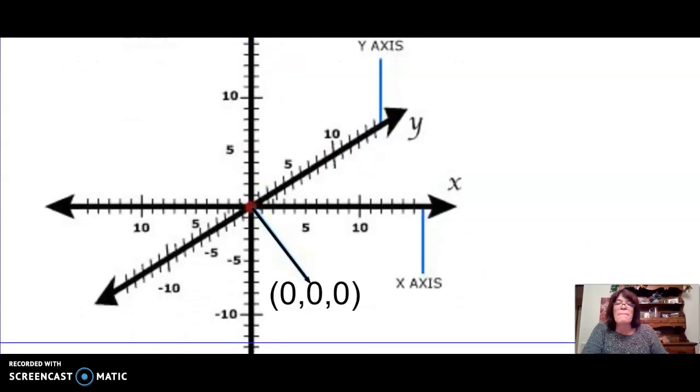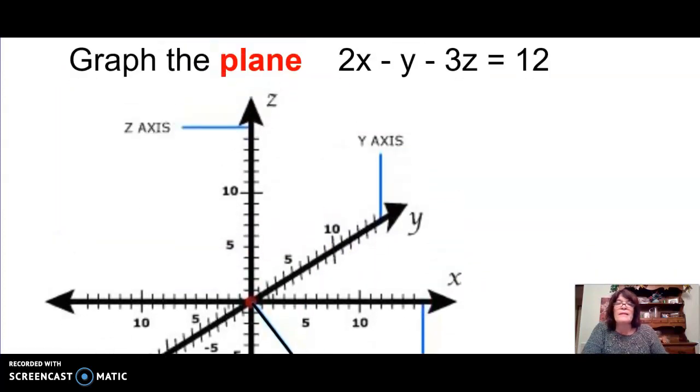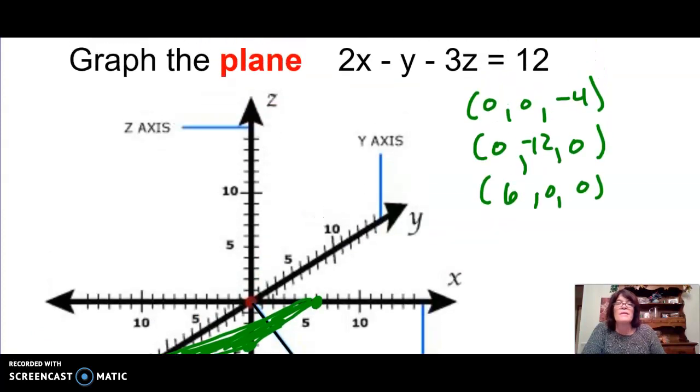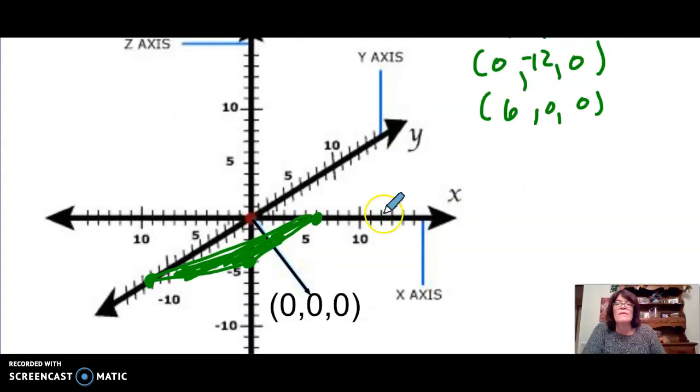Graphing the plane is very similar. We substitute zeros in for x's and y's, 0 in for x and z, to get those intercepts. Okay, so I would get the intercepts 0, 0, negative 4, 0, negative 12, 0, and 6, 0, 0.